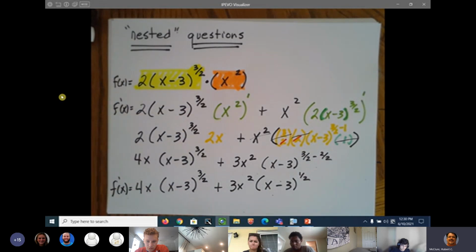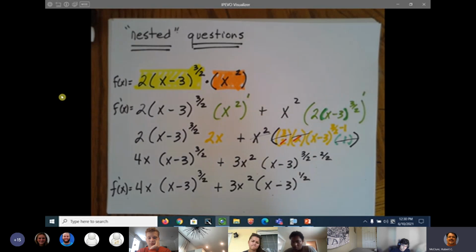Well, Hubert, could you factor out an x and an x minus 3 to the 1/2? Yes, you could. And I'm going to do that just so you can remember how to do that, because there are some standardized test questions where you factor out a fractional exponent. That is a standardized test question.